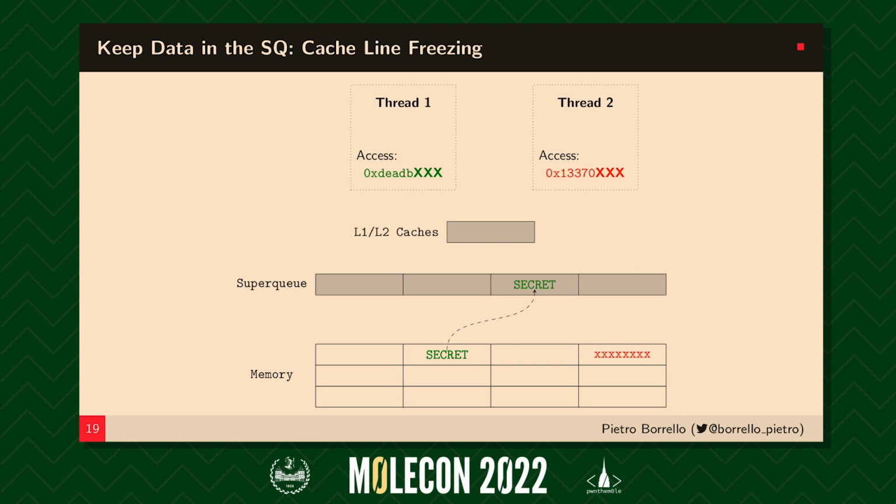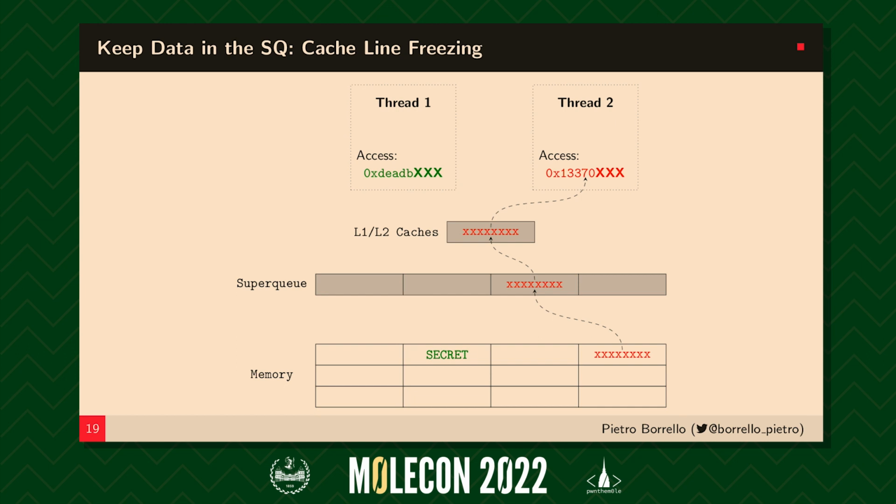The secret gets loaded in the superqueue, then gets loaded in the caches, and then gets accessed. Now we have our second thread. It will do the same, wants to access its own addresses, and loads the data in the superqueue. They will contend on the cache line, so also on the superqueue lines. It will load the cache, and it will access.